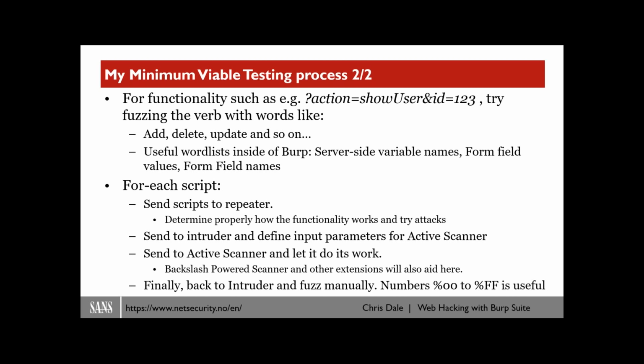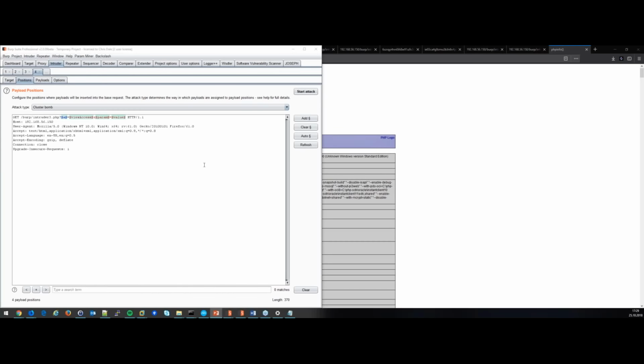We also like to use our own fuzzing list in the Intruder. We do have our own version of FuzzDB, but say for example we have this value up here. We can also say that I want to fuzz every possible value from %00 to %FF. And that's, of course, done with the numbers payload.